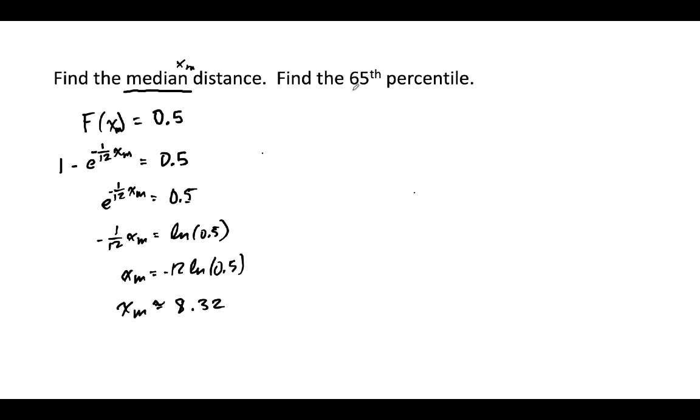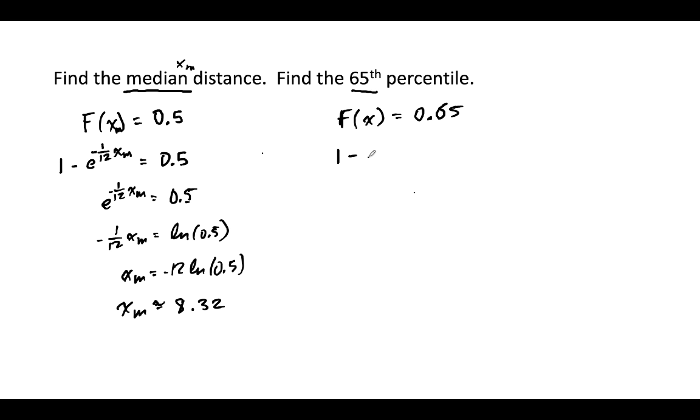Now a very similar question is the 65th percentile. You can think of the median as just a special percentile, the 50th percentile. So when we're trying to find the 65th percentile, we're going to do a similar process, except now we're solving for when the cumulative distribution equals 0.65.